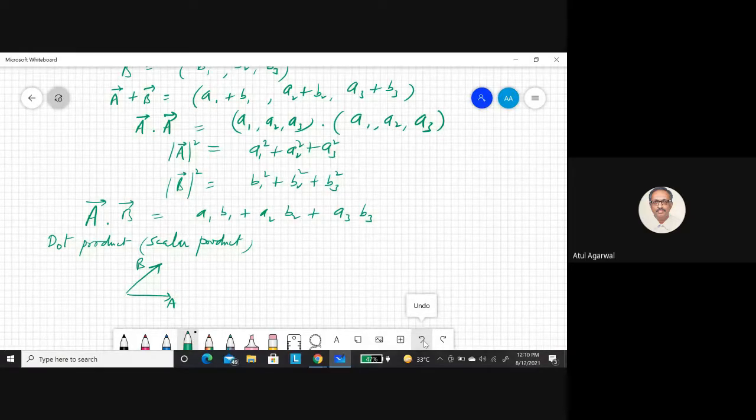You can draw a perpendicular from one vector onto the other vector. This angle is theta. So the length of the projection here is b cos theta.